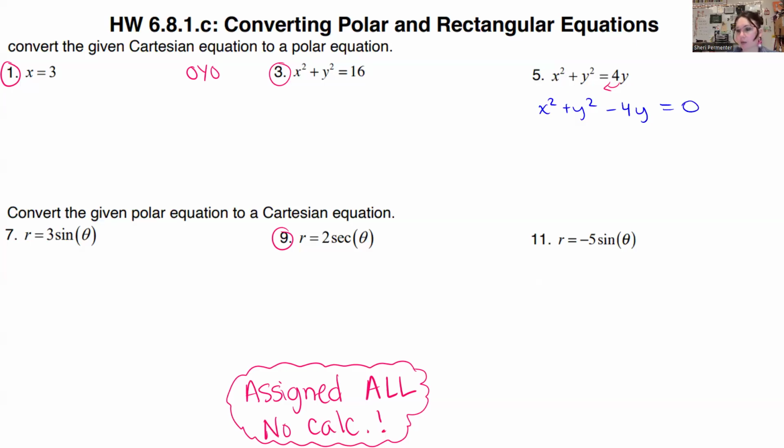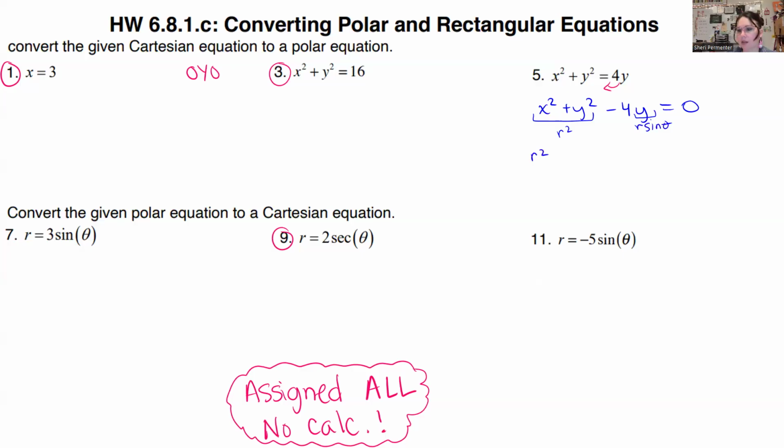I know that x squared plus y squared equals what? r squared. And then I know that y equals r sine theta. So I'm going to rewrite this.